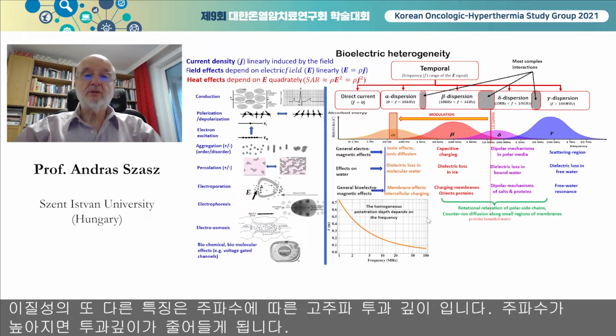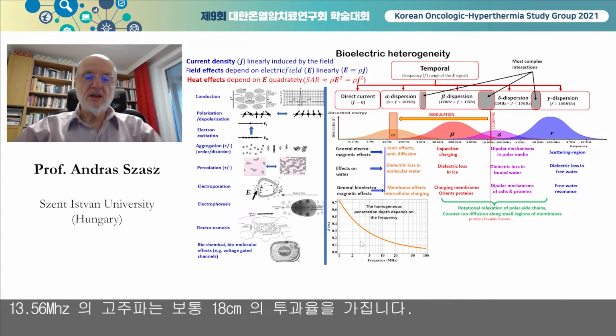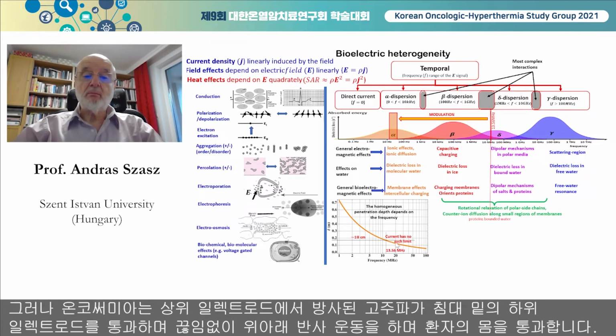The other point of the heterogeneity is the frequency dependence of the penetration. So the penetration depth decreases with frequency. At 13.6 megahertz we have about 18 centimeter penetration. But if we have current going through the body, then the current starts from one electrode and ends at the other one, so it has no such classical meaning of the penetration depth.